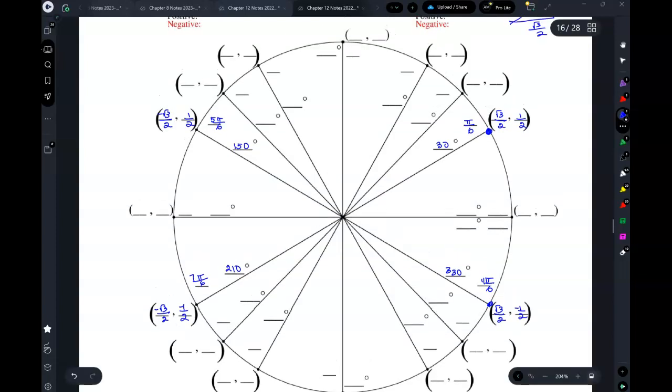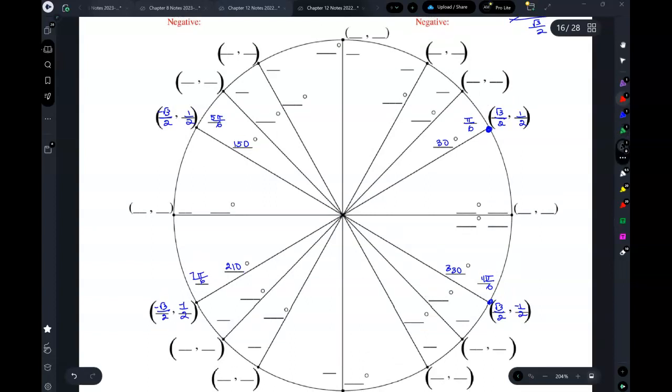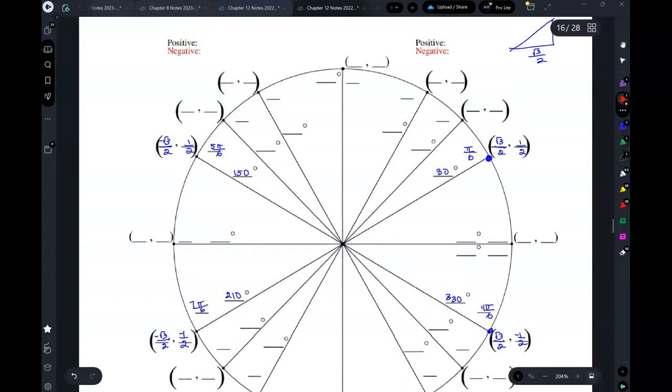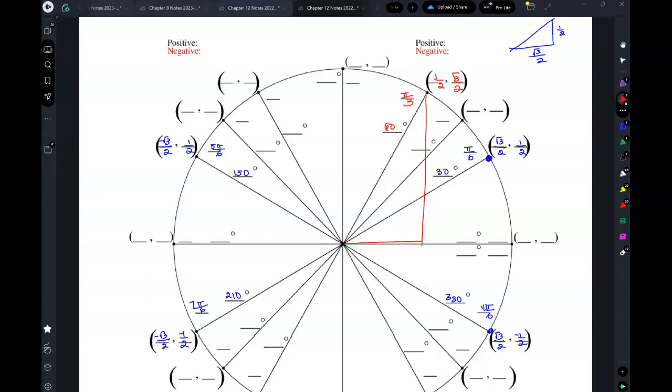Awesome. So what if I'm here, at 60 degrees or pi/3? Now look, I have to go horizontally and up. This time I go a little bit horizontally, but much higher vertically, right? So to get to this point, I go over 1/2 and up √3/2.